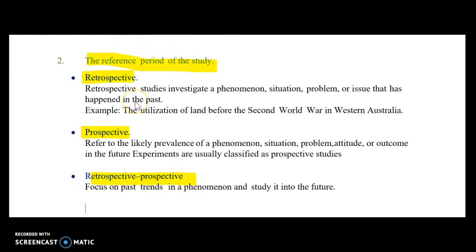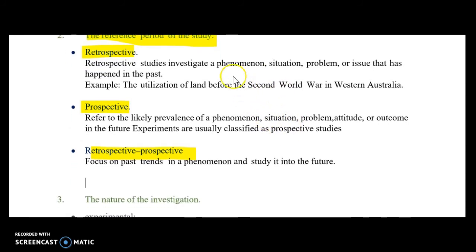The retrospective studies investigate a phenomenon, problem, or issue that happened in the past. Example: the utilization of land before the Second World War in Vietnam. So it explains or explores the problem or the issue in the past.